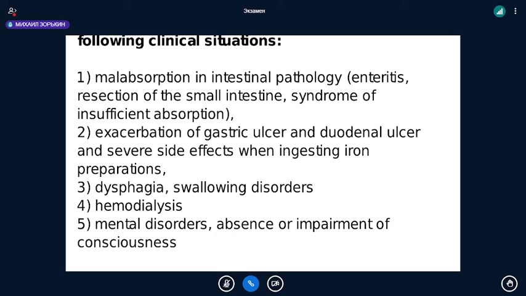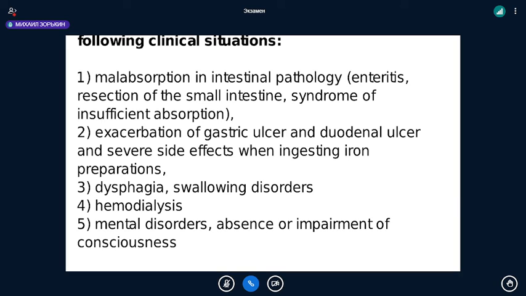There is a quite easy test in order to see how exactly iron is absorbed in this certain patient, the so-called iron tolerance test. In the practical classes, we will discuss that in detail. Now, just a few words. The patient will be given 2 tablets of iron, with the total content of elemental iron 200 milligrams.